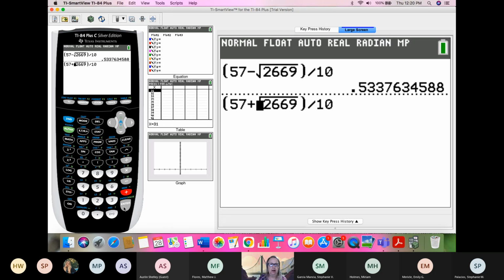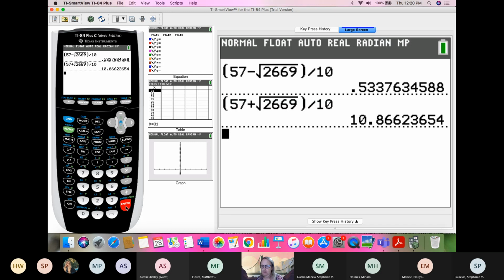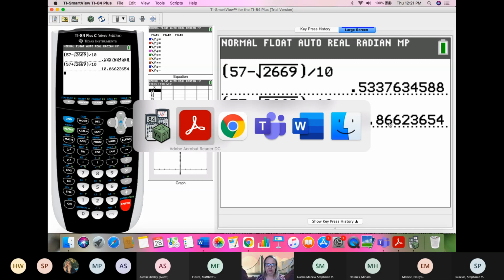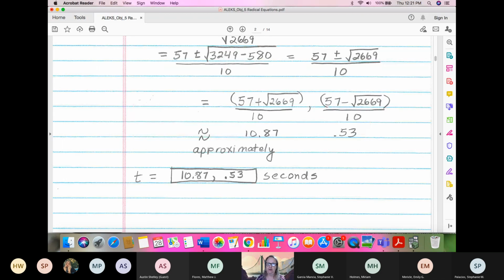And then hit enter again, and that will give us 10 point, and we're rounding to 2 decimal places, 10.86, but the next number is 5 or higher, so we have to bump this 6 to a 7. So we get 10.87. And let's just go back and check, 10.87. Any questions on this particular problem?